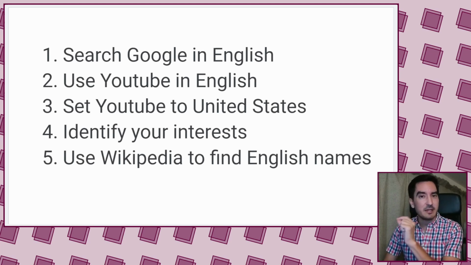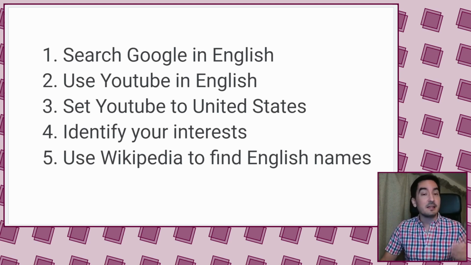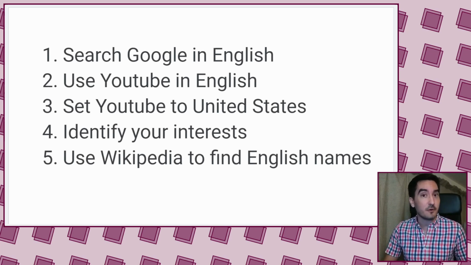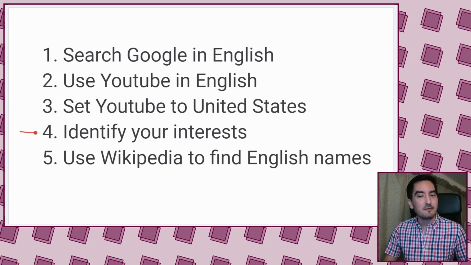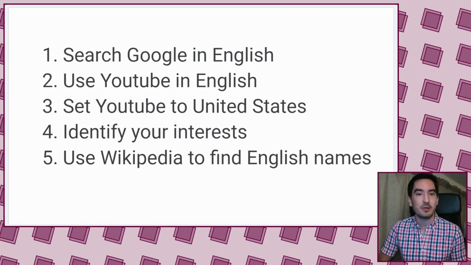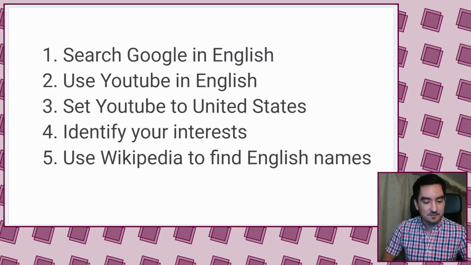So set your location to US, and then you'll get recommendations that are from the US. So more natural, native English content. And then, so these are some basic things you can do. And then 4, you need to identify your interests. So figure out what you actually like and what you actually want to learn about.